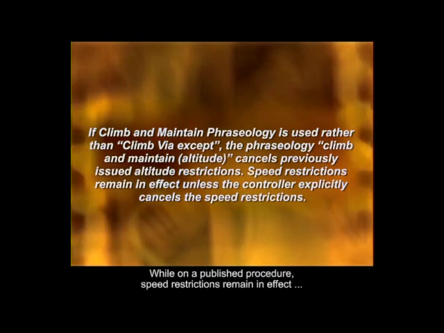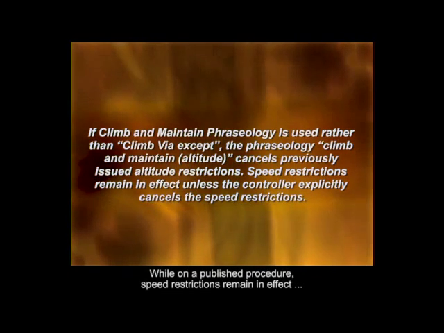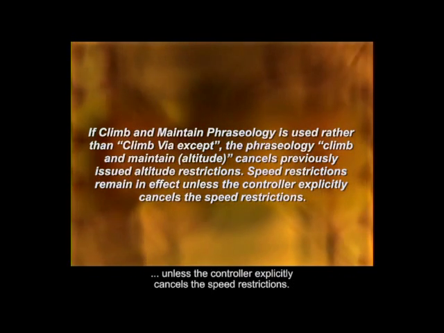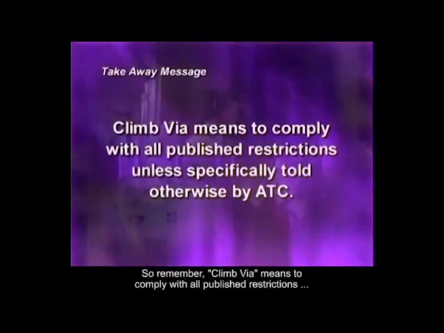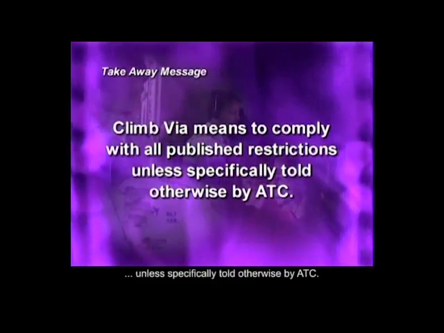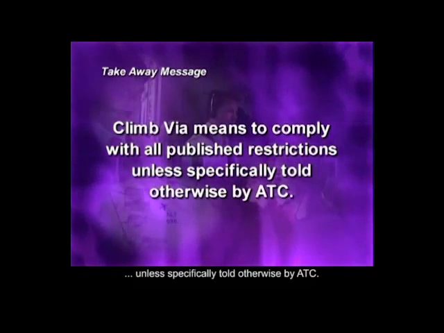While on a published procedure, speed restrictions remain in effect unless the controller explicitly cancels the speed restrictions. So remember, climb via means to comply with all published restrictions unless specifically told otherwise by ATC.